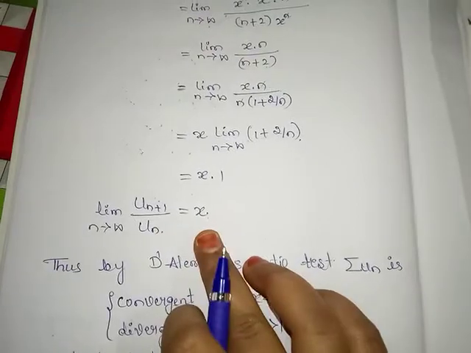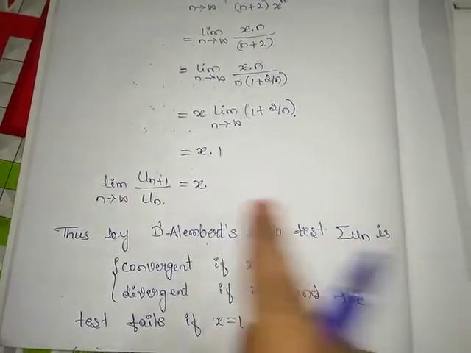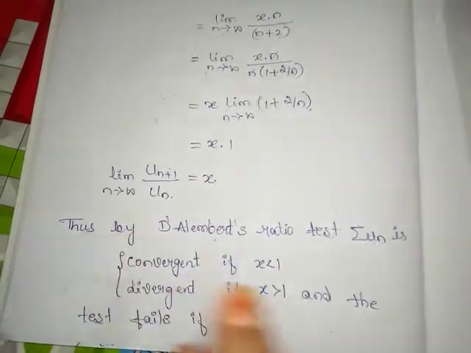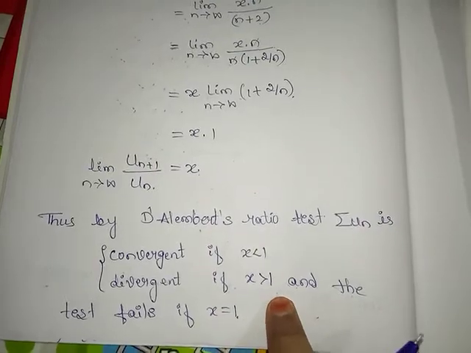If you have a limiting value as unknown, you don't know a definite value for this limiting value, you have to write the conclusion like this.